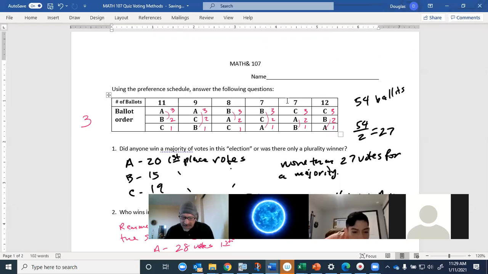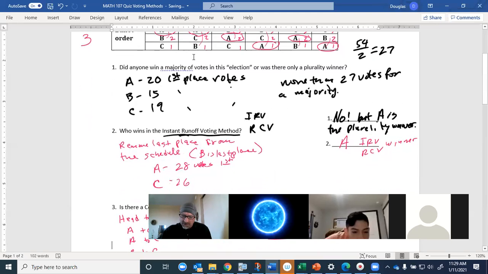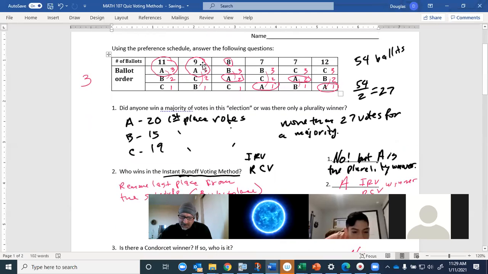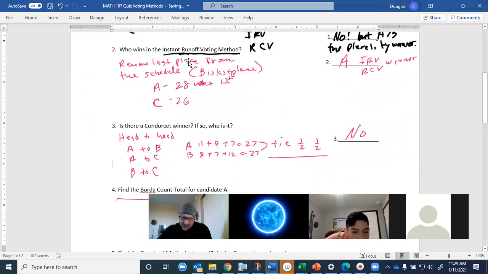So let's look at A. A got 11 votes for 3 points, 9 votes for 3 points. A, though, got only 8 second-place votes worth 2 points, and 7 third-place votes worth 1 point.